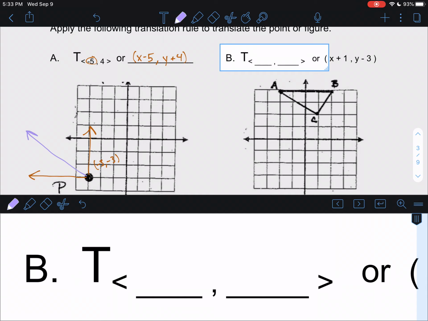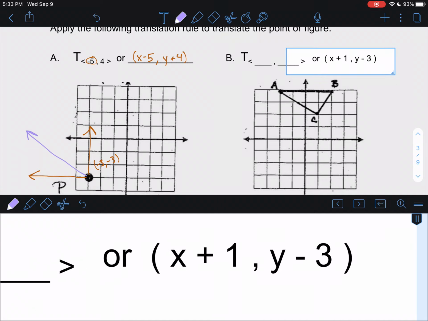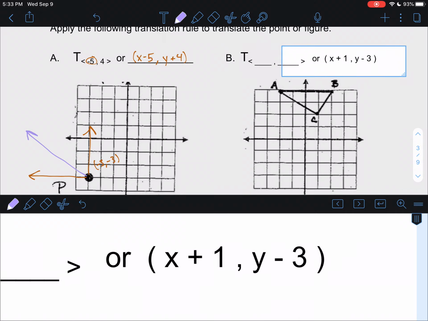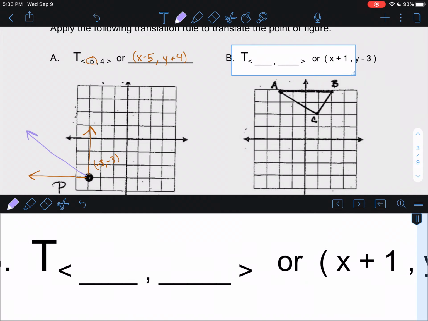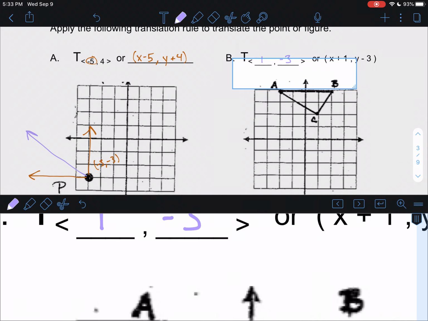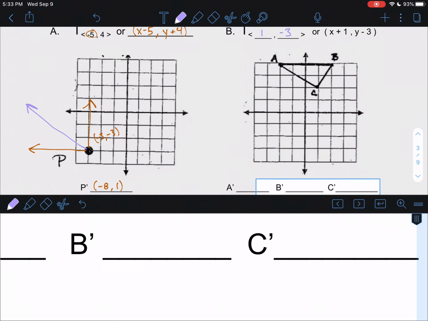Maybe this one will work. Oh, it does. Okay, this one works nicely. On this one, we have to fill in the blanks here, but they give us that the coordinate form is x plus 1, y minus 3. So since it was x plus 1, I put a 1 there, and then a -3 there, because it was y minus 3. So I want to figure out where my points map to.